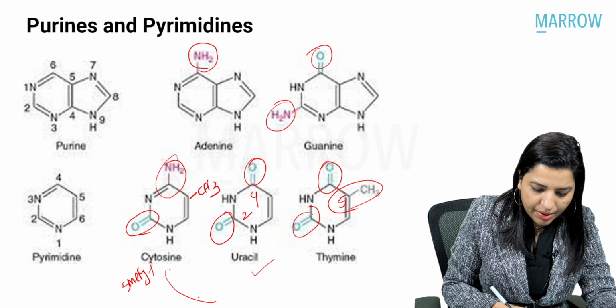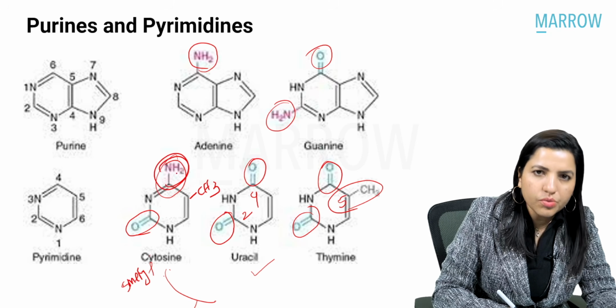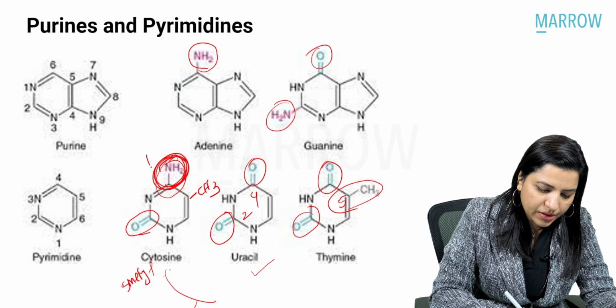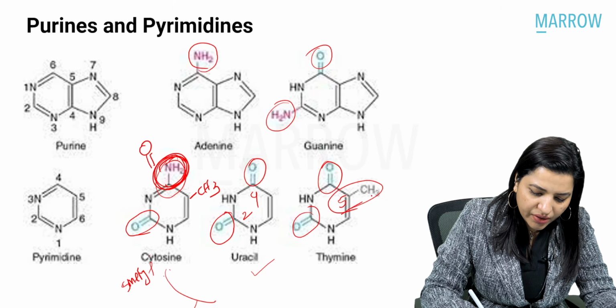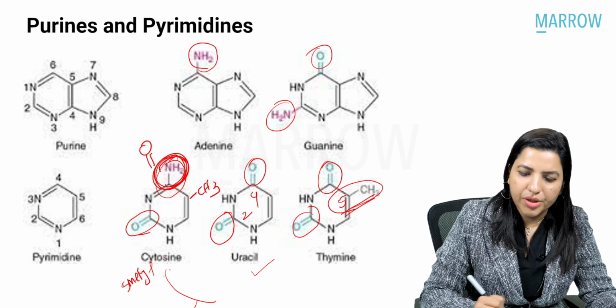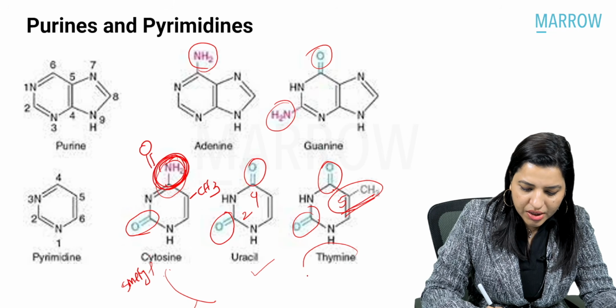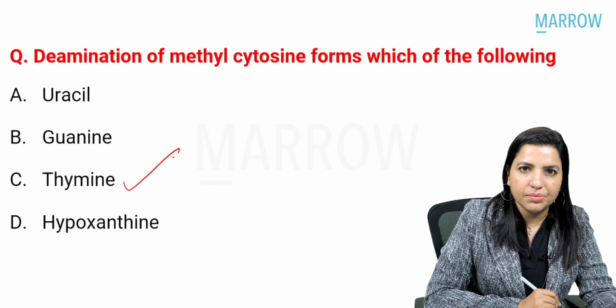It is deaminated, which means this amino group is removed, right? When this amino group is removed, an oxo group replaces it. So what we get is 5-methyl 2,4-dioxopyrimidine. What is 5-methyl 2,4-dioxopyrimidine? It is thymine. So the answer here is thymine.